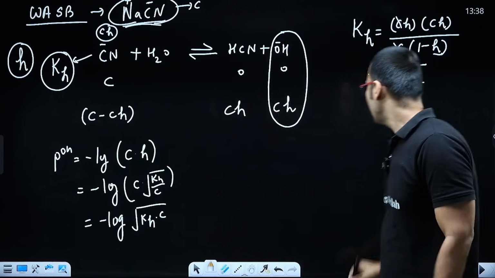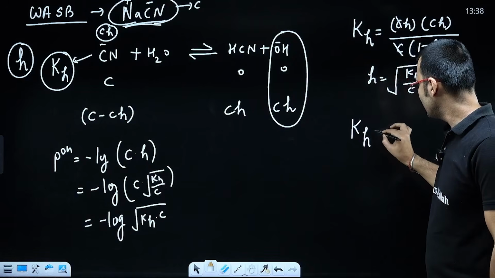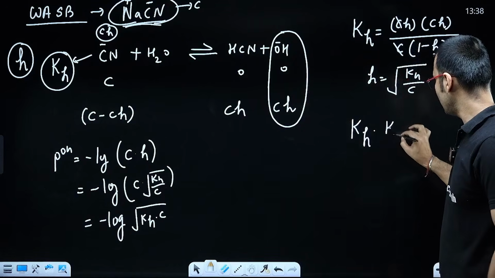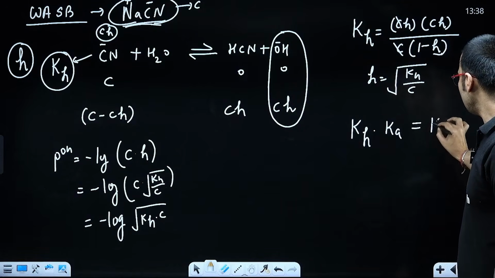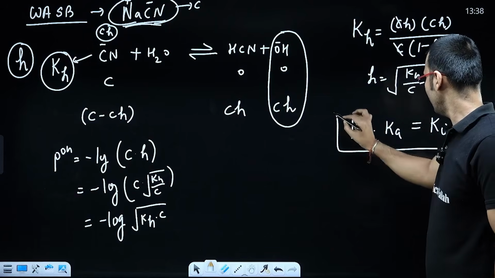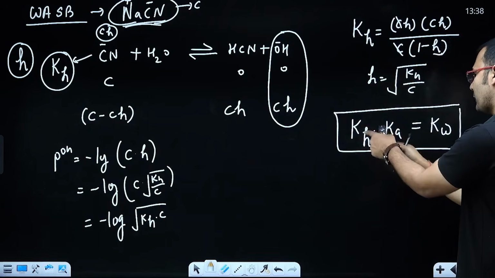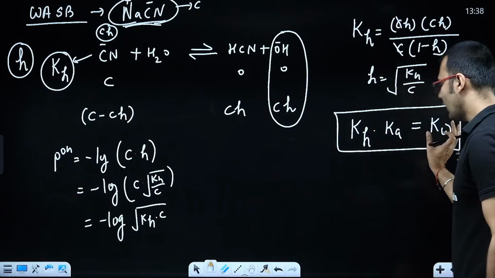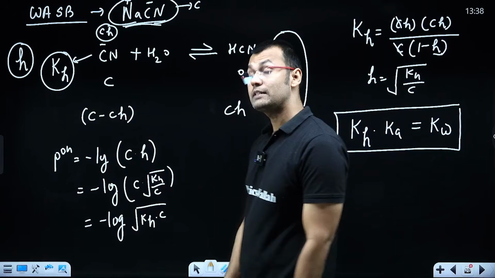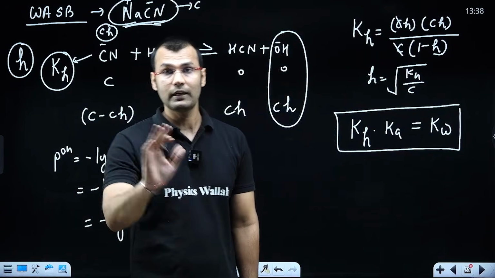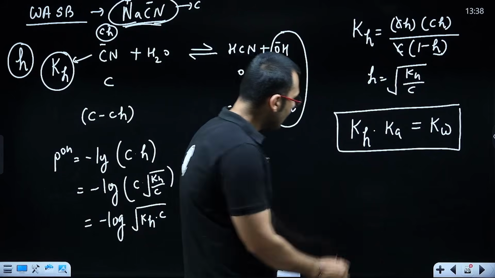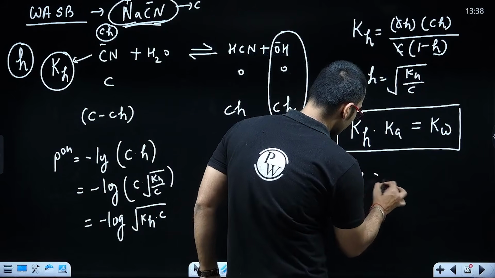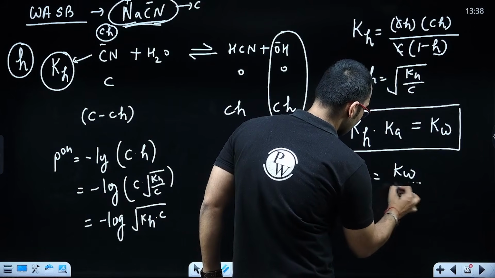If you multiply the hydrolysis constant of the salt with the dissociation constant of the weak acid, it will be equal to Kw. You just multiply the expressions of Kh and Ka, and you will get concentration of H plus into concentration of OH minus, which is nothing but Kw. So from here, this Kh can be further written as Kw by Ka.